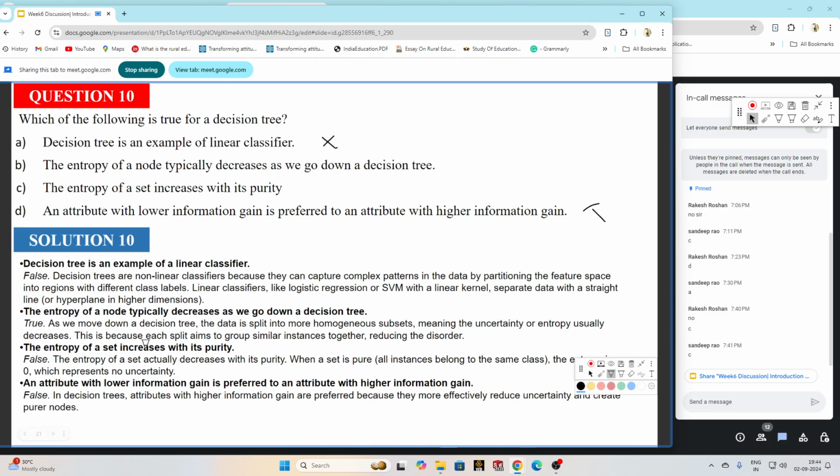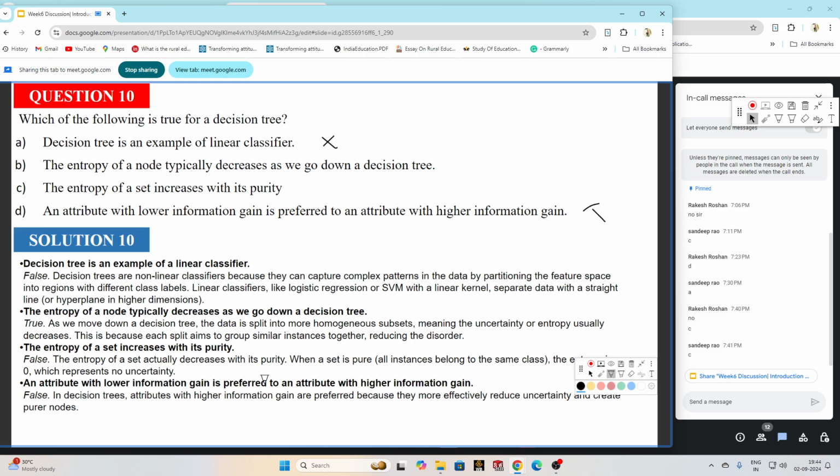Now what about option B? The entropy of a node typically decreases as we go down a decision tree. Yes, as we move down a decision tree, the data is split into more homogeneous subsets, meaning the uncertainty or entropy usually decreases. Each split aims to group similar instances together, reducing the disorder.